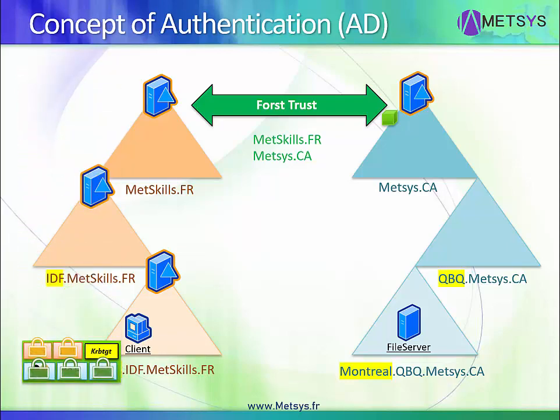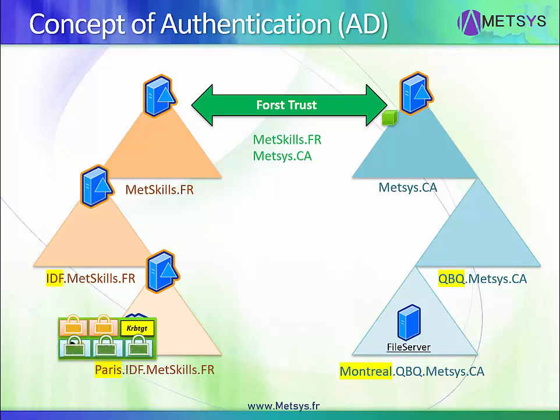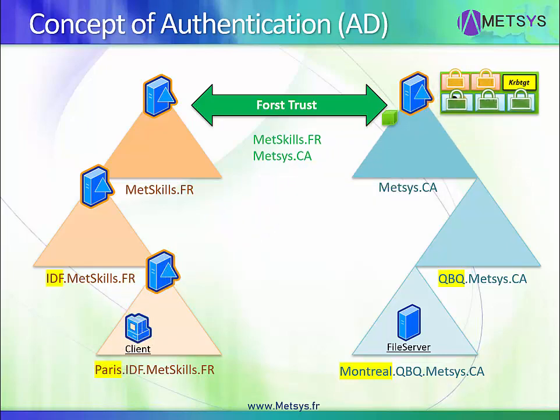Once the client receives that, it will send it back to the KDC of the remote forest, the root of the remote forest. The KDC will find that and use that master key in order to decrypt the TGT.